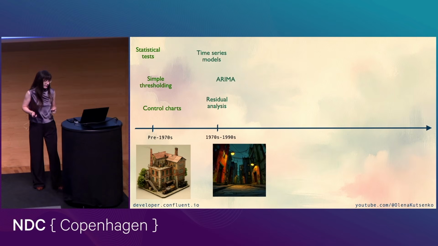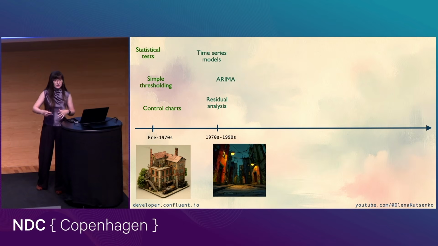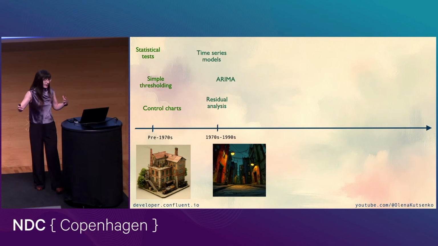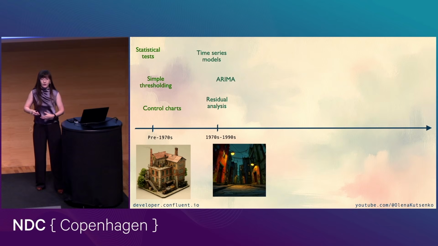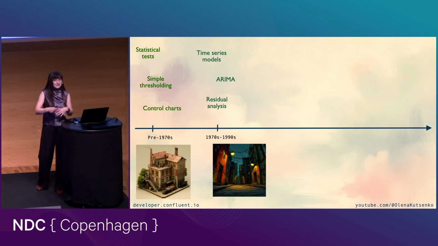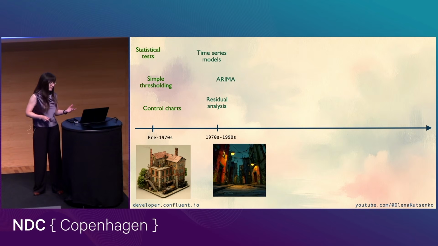Then we have the progression to the moment where computers became somewhat more powerful, to some extent. The anomaly detection became model-based. But these models which evolved, for example ARIMA, which we are going to talk about later, are actually statistical models. It's still mathematics.